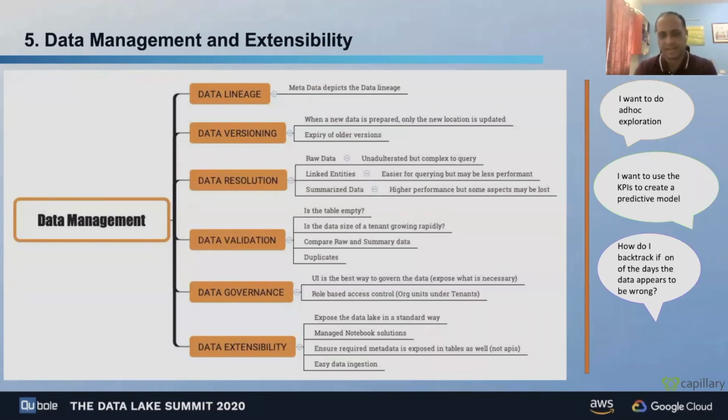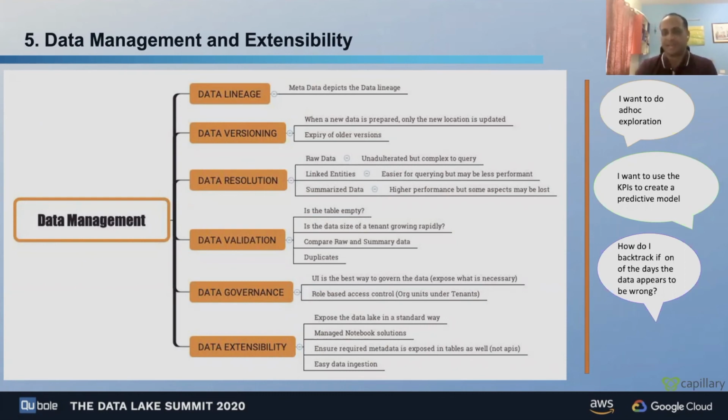Data validation. When you are trying to maintain 250 enterprise customers, something could go wrong at any point in time. So it is very difficult for anybody to manually ensure that the data lake is sane for a particular tenant.